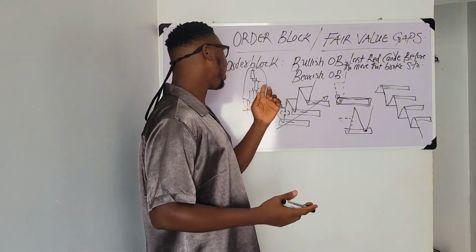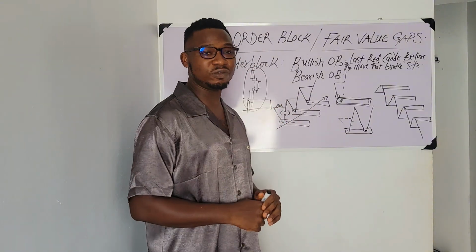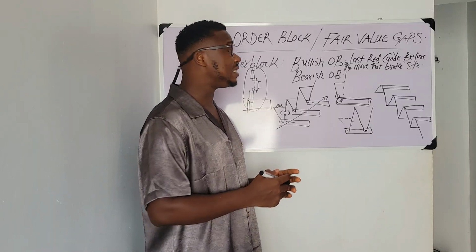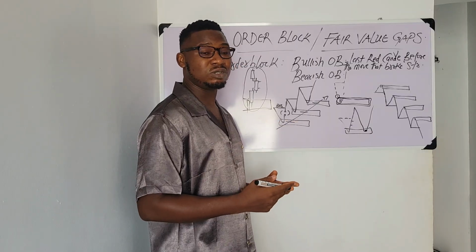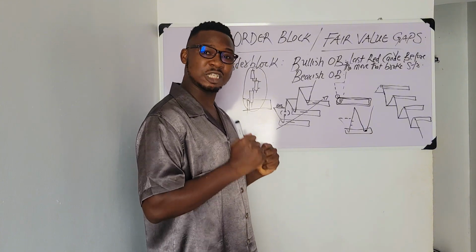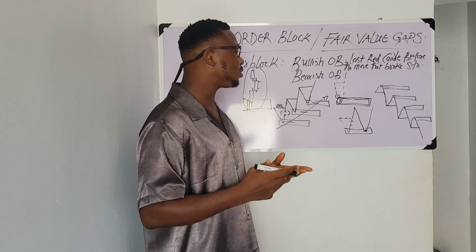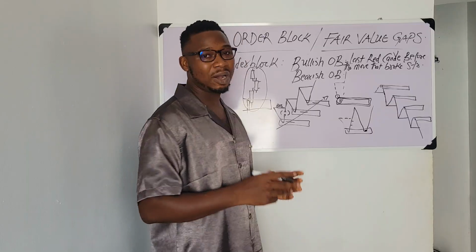Then fair value gap is just the gap left due to an impulsive move that broke structure, and it only tells us that smart money is involved in the move, and that the move has displacement. So it validates our order block to an extent.